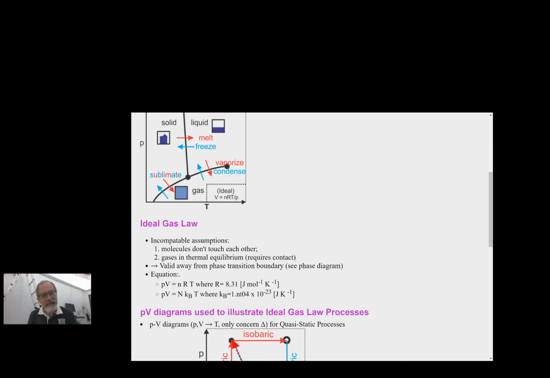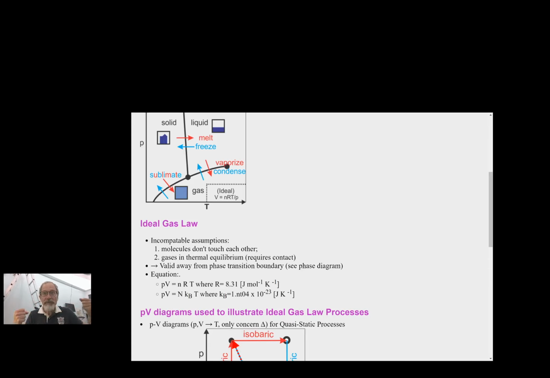The second assumption for this ideal gas law is that they're in thermal equilibrium. Thermal equilibrium means that there's a specific distribution at the same temperature, and it'll be a Gaussian distribution.